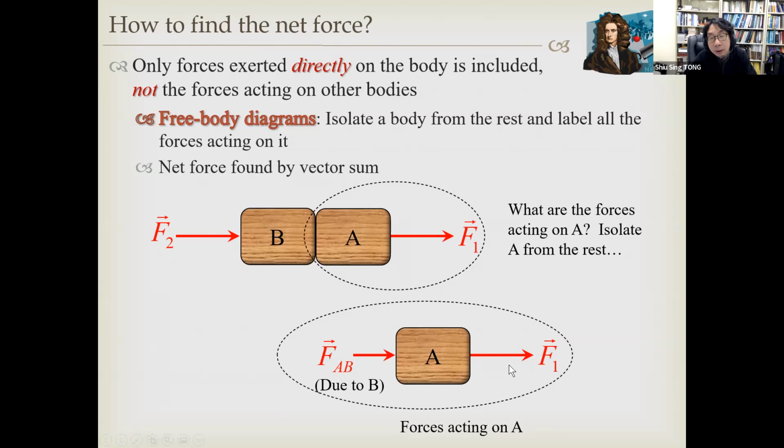After finding the forces acting on the body, we can find the net force by using a vector sum of F1 and FAB.